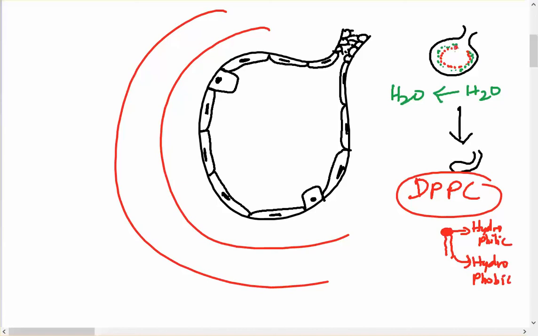The hydrophilic end attaches with the water, and the hydrophobic end is towards the lumen of the alveoli. So the alveoli will not come closer. In that way, they increase the surface area.